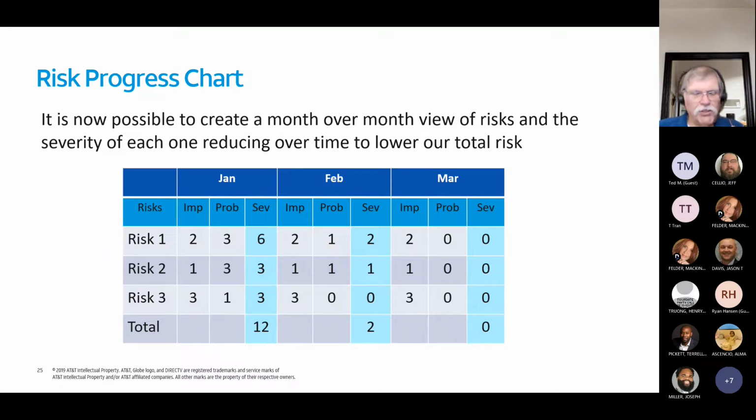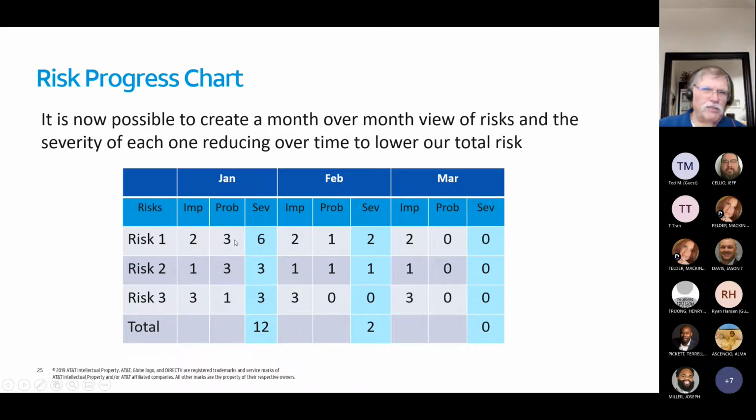A risk progress chart is really just month over month how the risks have progressed, what you've done to mitigate them. So you're really looking at the severity. Now, these numbers can change. The impact can change.